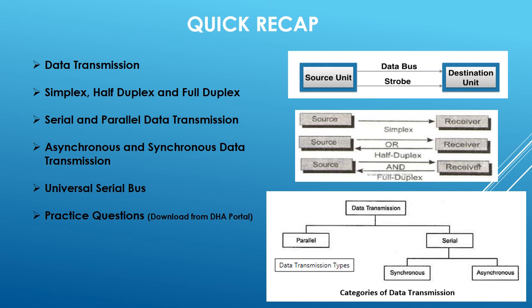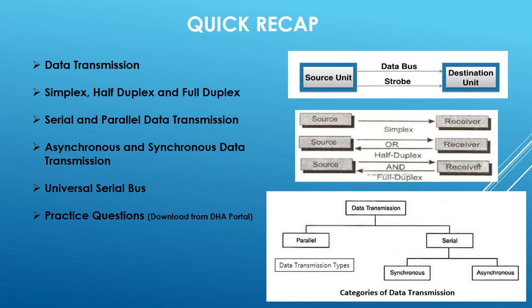That is it for the lesson. Now let's take a quick recap of the topics we covered today. Data transmission refers to the communication between two devices from sender to receiver. So data transmission refers to sending data from one source to another destination. Then we discussed the three modes of communication that particularly emphasize the direction of the data to be transmitted.